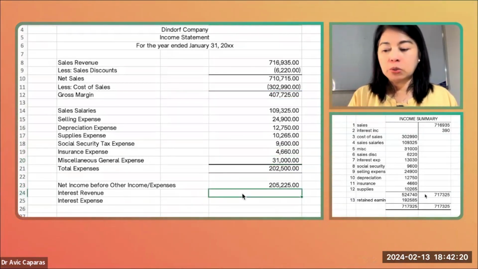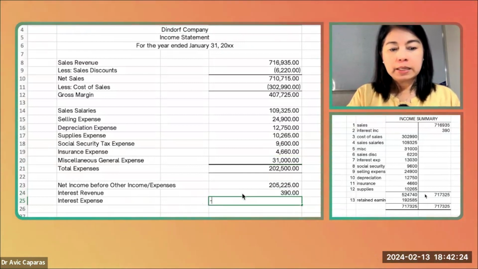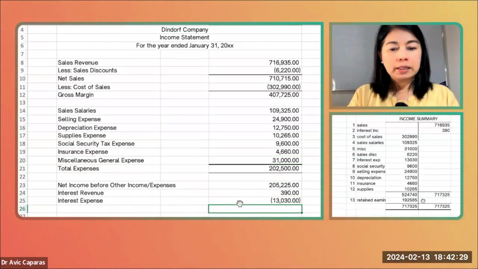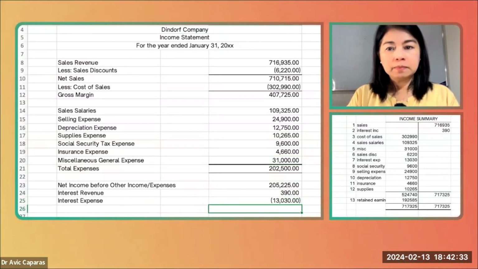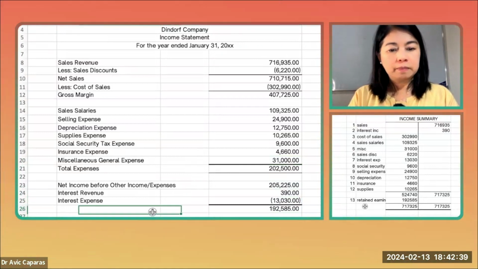So interest revenue would be 390 less interest expense of 13,030. That will make it net income of 192,585.